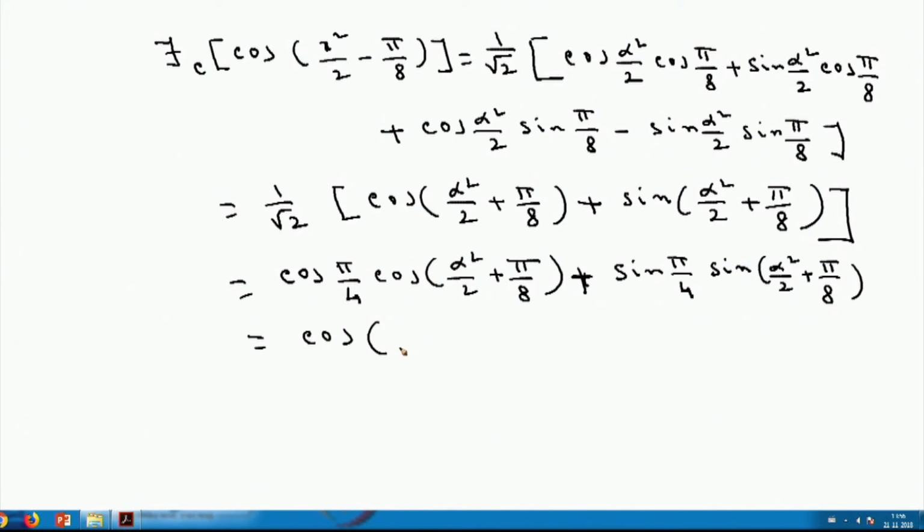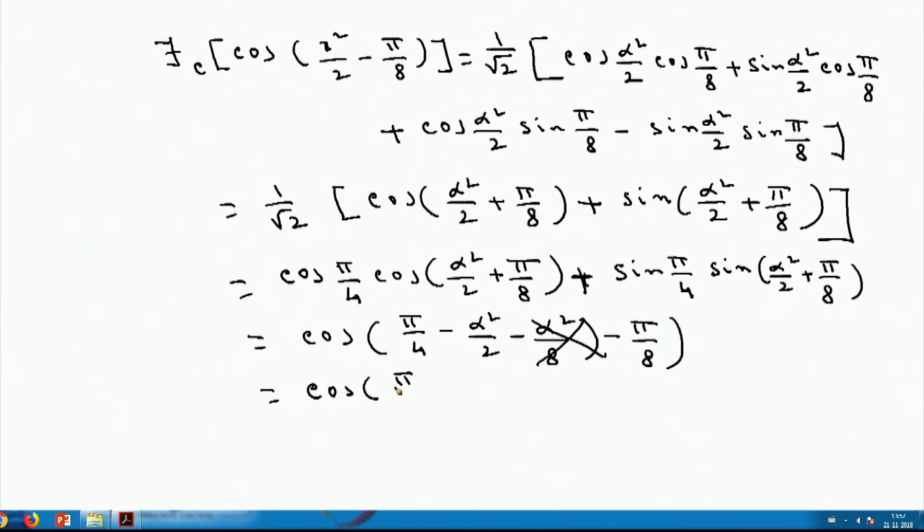So, this equals cos of pi by 4 minus alpha square by 2 plus pi by 8 I am getting, and if I simplify it, sorry, this term is not correct, pi by 4 minus alpha square by 2 minus pi by 8 will come. So, that pi by 4 minus pi by 8, I will get cos of pi by 8 minus alpha square by 2, cos of minus theta is cos theta.